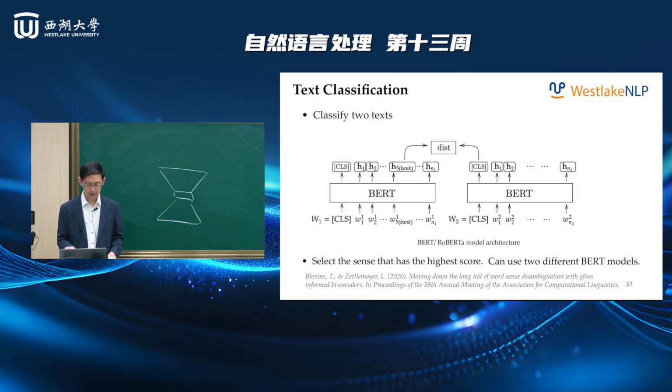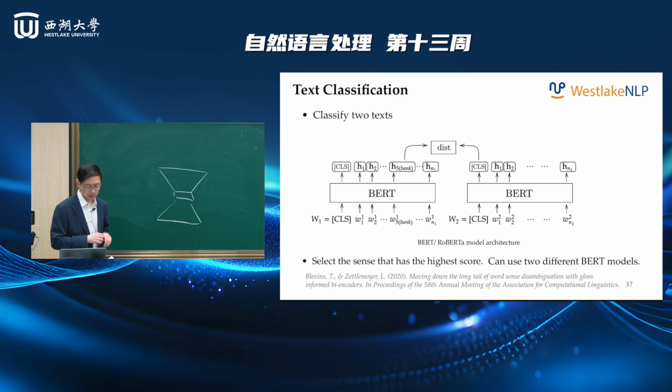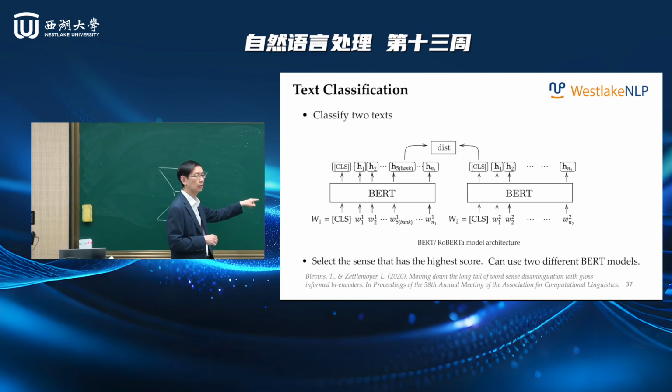All right, in the end, it turns out that you can use one BERT model to find the representation of the sentence. And you can take the word bank out of the sentence. You use the hidden for the word bank. And then you take another BERT model.